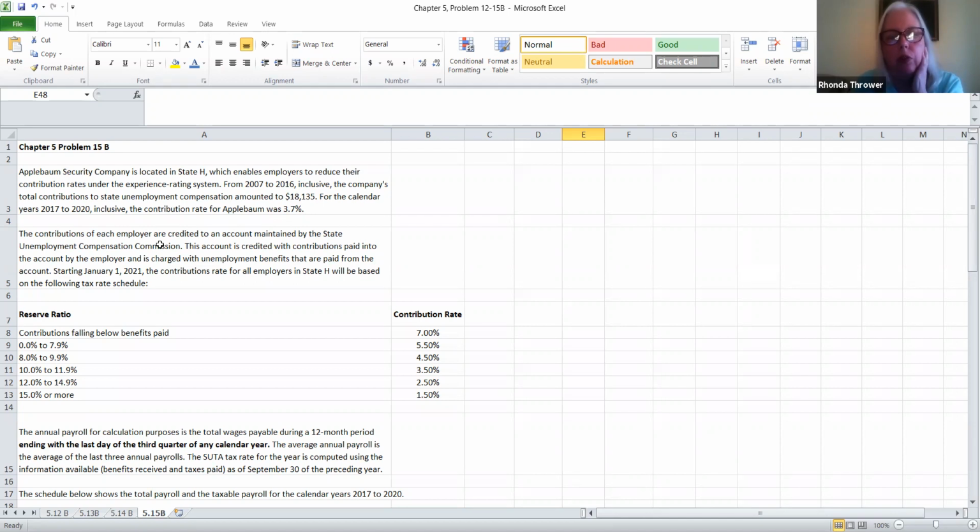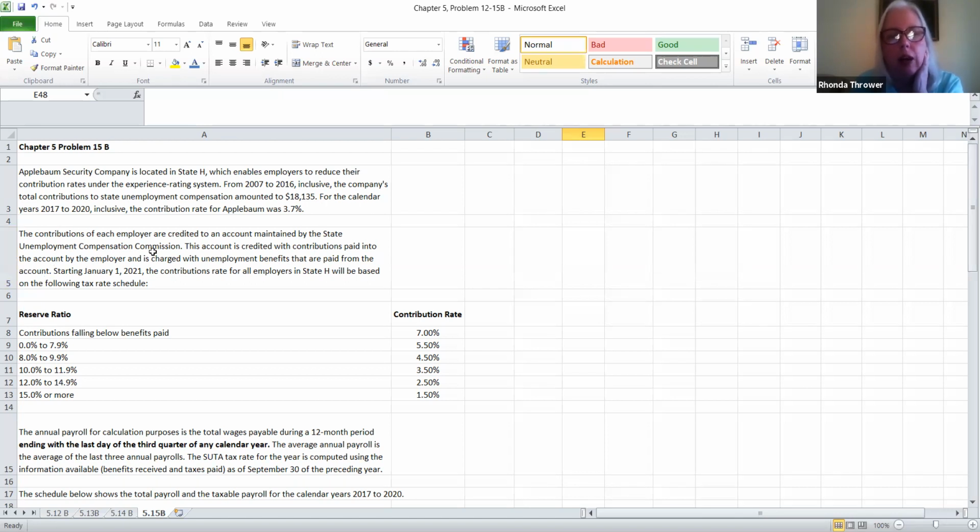The contributions of each employer are going to be credited to an account that is maintained by the State Unemployment Compensation Commission. This account is credited with the contributions that are paid into the account by the employer and is charged with the unemployment benefits that are paid from the account.